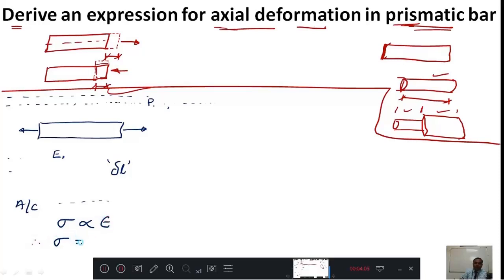Therefore, stress is equal to Young's modulus into strain. Call it equation number 1.